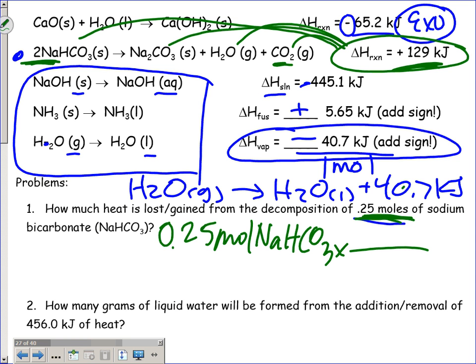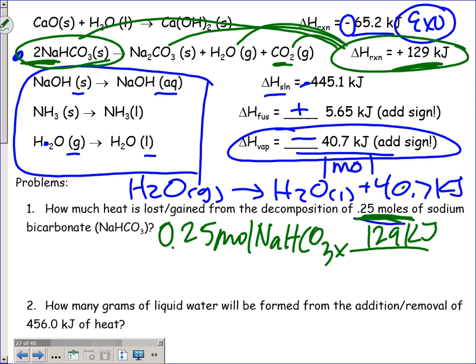This amount of energy, 129 kilojoules, is utilized for every how many sodium bicarbonates? Look at the coefficient. Sodium bicarbonate has a 2 with it. So think of it like a mole ratio. It does depend on how much you have of it.